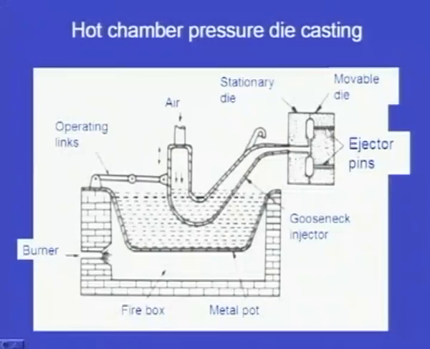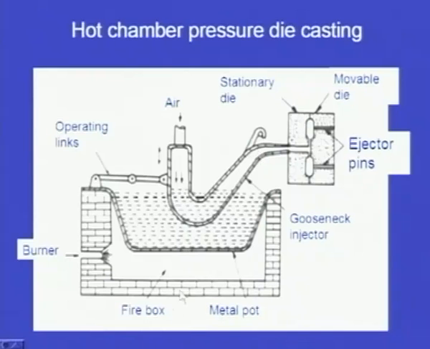So, here we can see this is the system, and these are the two dies, and these two dies are closed. Inside we can see the hollow cavity. This is the shape which we want, and here there will be ejector pins. When we press these ejector pins, the casting will come out. Here we can see two dies, one is the stationary die and the other one is the movable die.